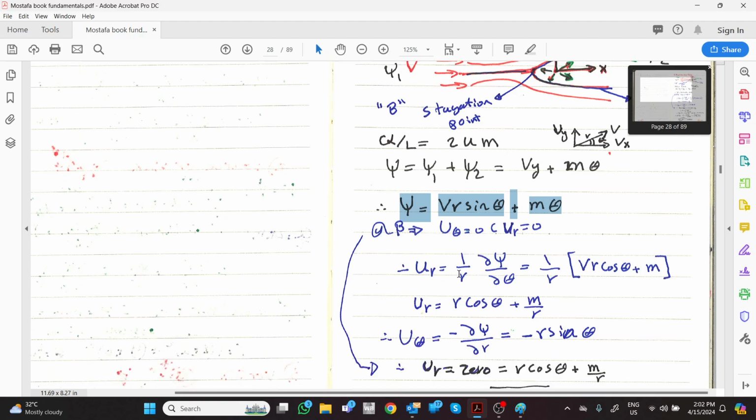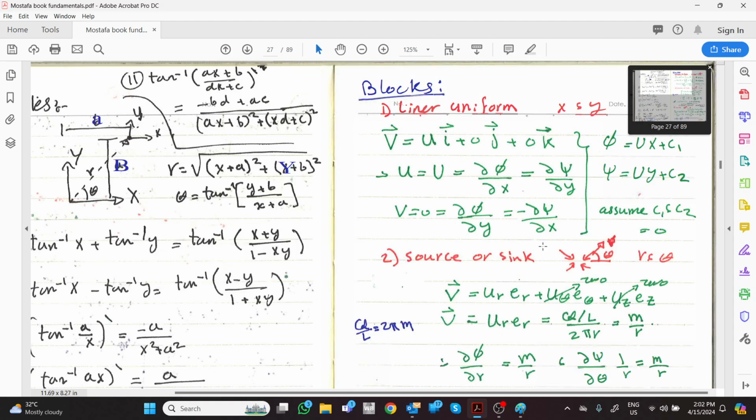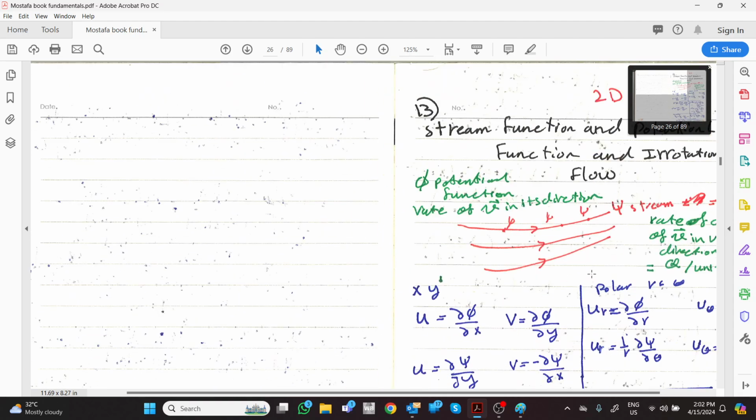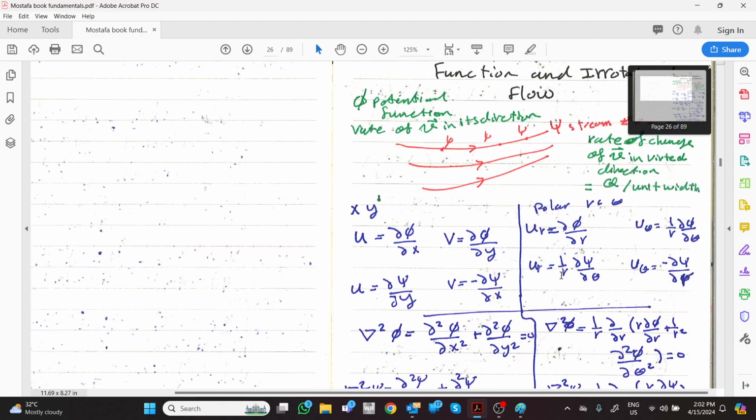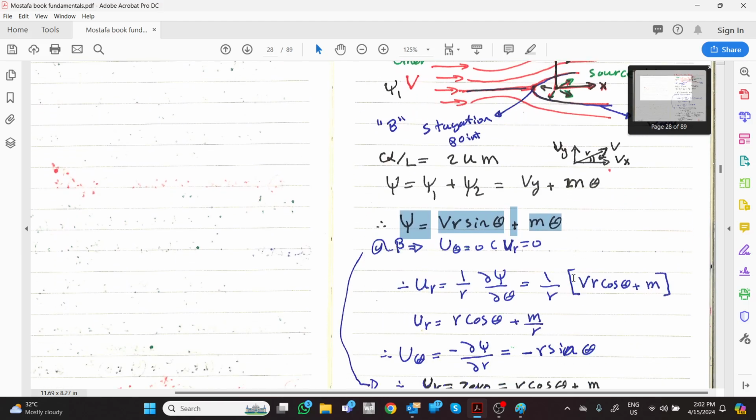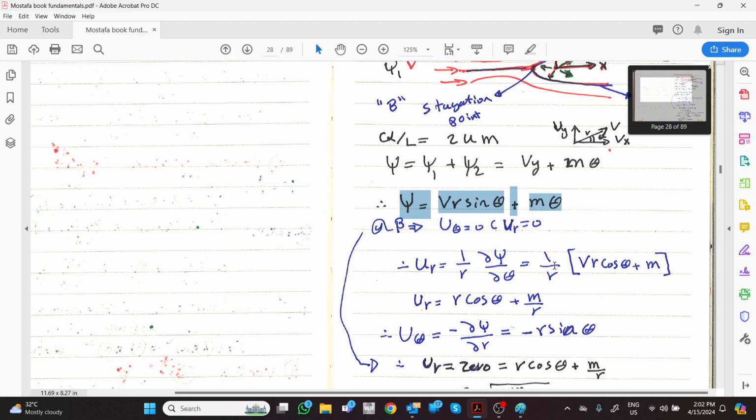So u r is equal to what? u r, it's a definition. u r equals 1 over r del psi by del theta. Differentiate with respect to theta, which is 1 over r, r cosine theta and m.